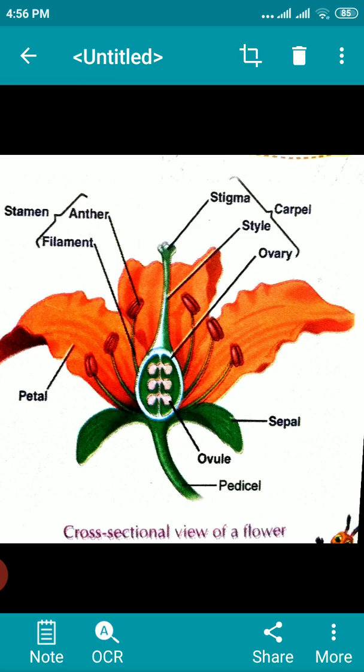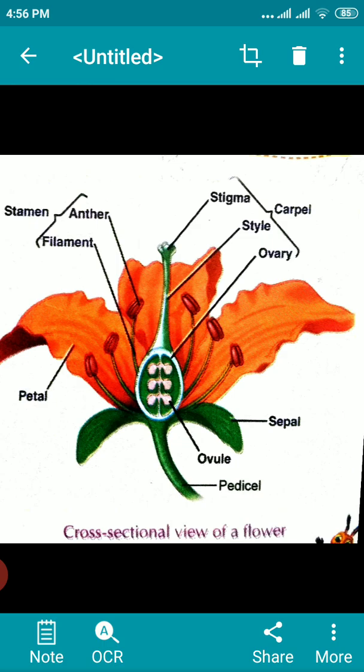The petals are generally bright colored and have a fragrance. What is the function of these petals? They attract birds and insects to the flower for pollination. Pollination you can study next year. So the first one is sepal, the second one is petal, the third one is stamen.